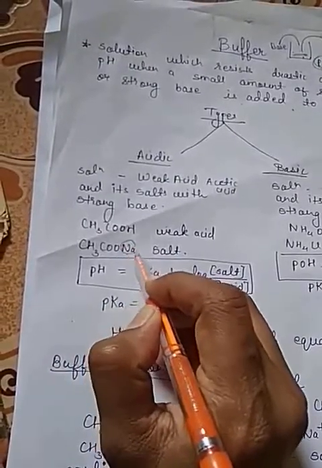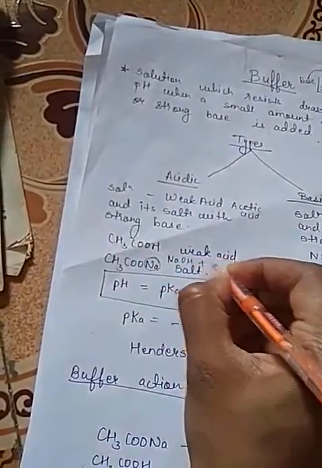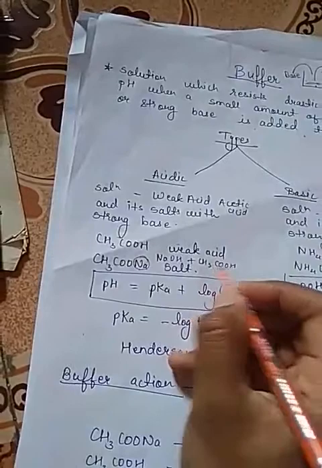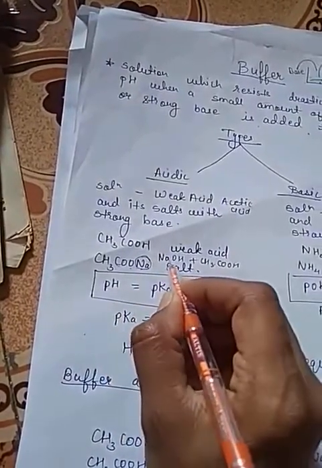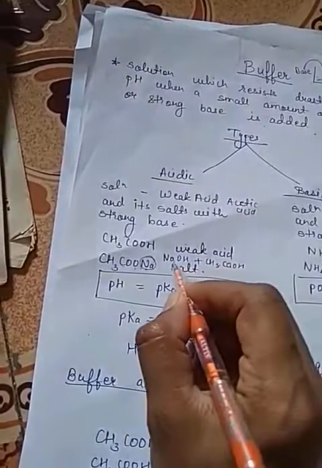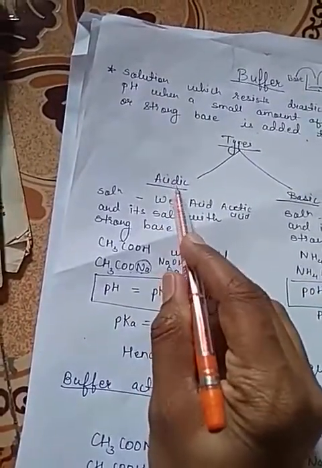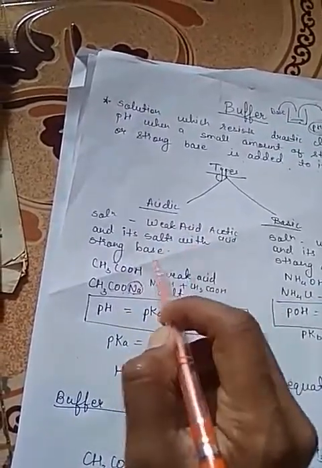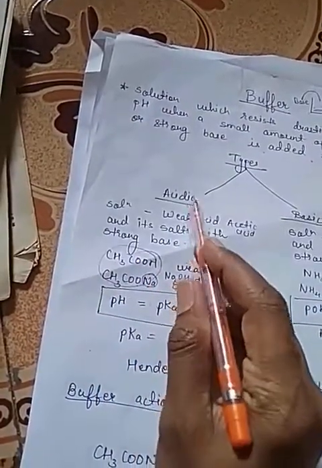Which salt is formed with a strong base? Na, meaning when NaOH reacts with acetic acid, CH3COOH, it gives CH3COONa. So this is a salt of weak acid and strong base. So an acidic buffer is a solution of a weak acid and its salt with a strong base. When you add both of them together, it makes an acidic buffer.